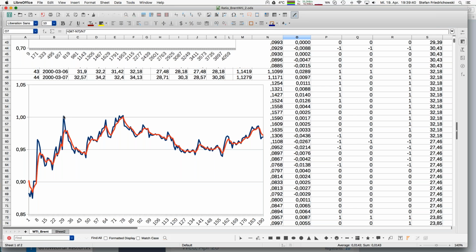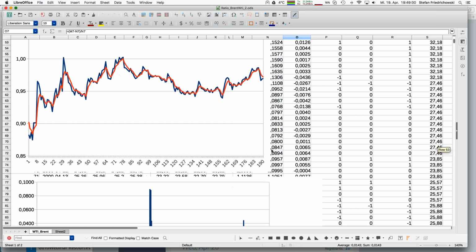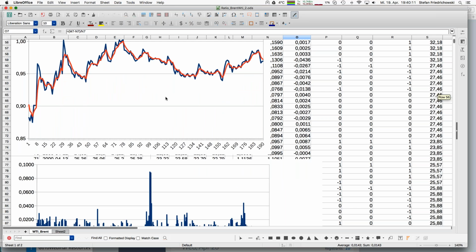Hey, there are sometimes huge deviations from that EMA. You see that spike here? You see sometimes a spike to the south, sometimes a spike to the north, and those are the ones we want to trade. This becomes even more obvious if we now build the difference between the two lines, between the actual ratio and the EMA on that ratio.